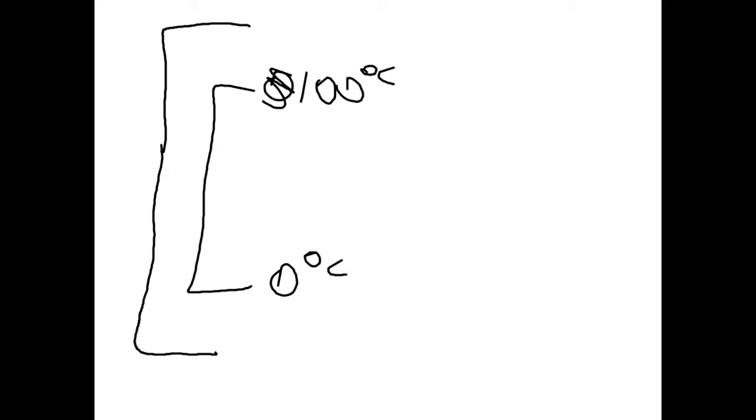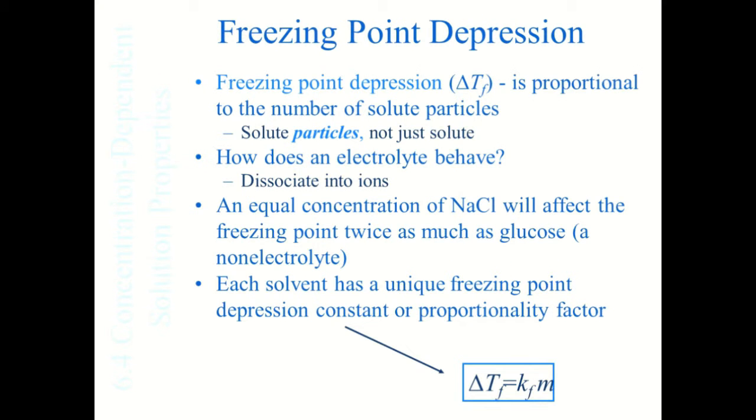And we can calculate by how much. Okay? And that's what we're going to do with this equation. The change in the freezing temperature is equal to the freezing constant times the molality. And we haven't talked about molality yet, but that's just kind of like molarity.